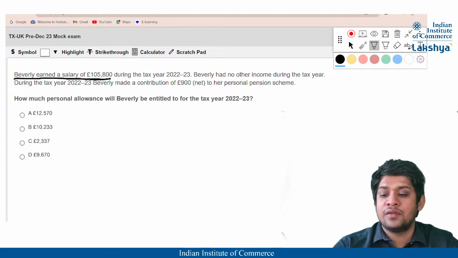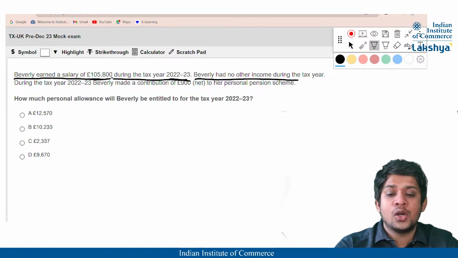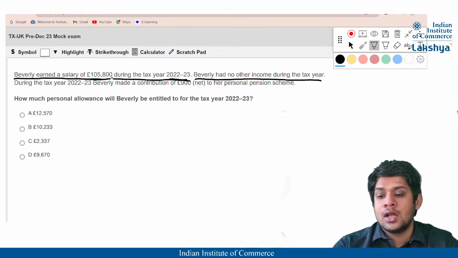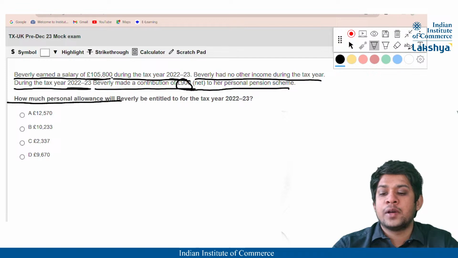Beverly earned a salary of 105,800 pounds during the tax year 2022-23. Beverly had no other income during the tax year. During the tax year 2022-23, Beverly made a contribution of 900 pounds net to a personal pension scheme. How much personal allowance will Beverly be entitled to for the tax year 2022-23?